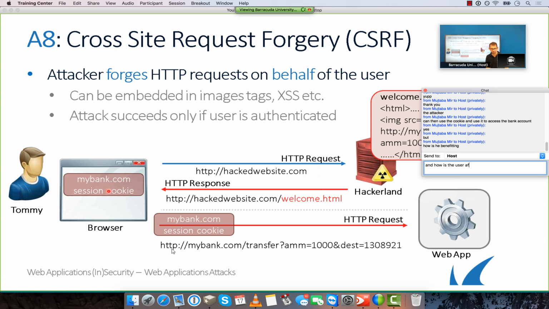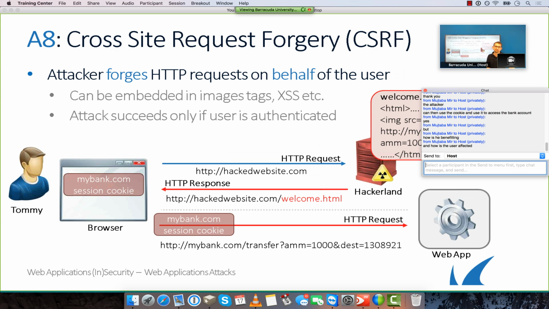There's a question coming up: how will the attacker actually leverage this? What's the benefit for the attacker, and how is the user affected? Basically, the destination account number here is the attacker's account number.